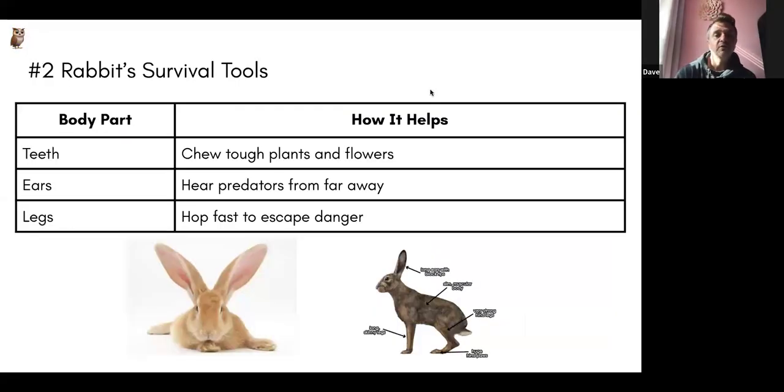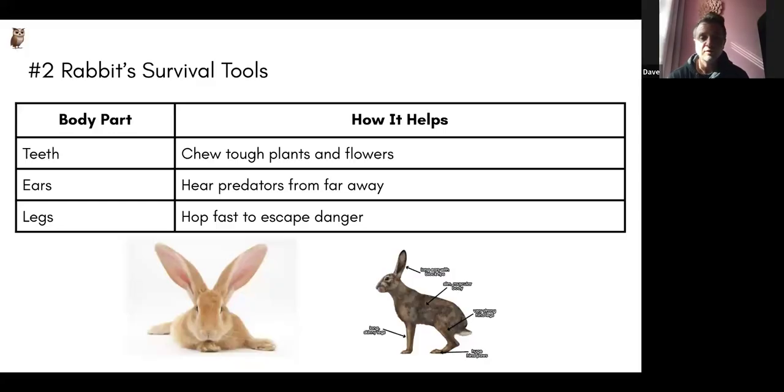Okay. So then we start talking about body parts and how it helps, right? So we have the teeth, can chew plants and flowers. We have the ears to hear predators from far away. Then we have the legs, hop fast to escape danger. Okay, so all these parts are made to make it survive, okay?